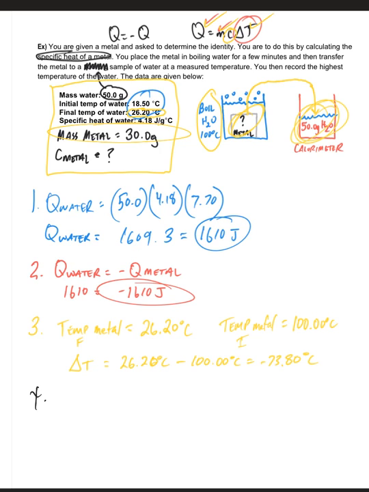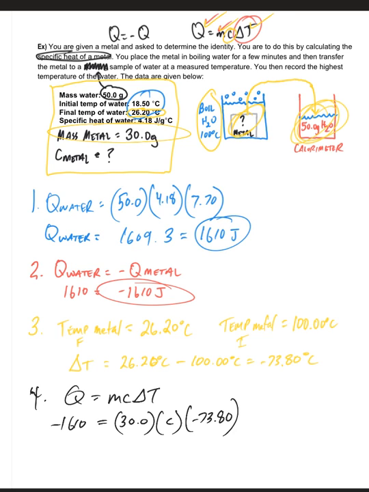So once again, I'm going to use the formula Q equals MC delta T. And unlike at the beginning of the problem, now we have all the necessary information. Q is negative 1,610 joules equals M, which is 30.0, times C, that's what we're solving for, so I'll leave that as C, times delta T, which is negative 73.80.